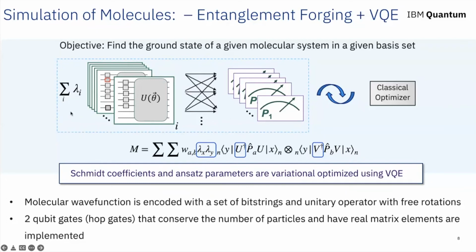So the content here in this dashed blue box is essentially the Schmidt decomposition step, and then that would give you an ansatz for the wave function, and then by using a classical optimizer, you can update the parameters in this ansatz repeatedly till you converge.